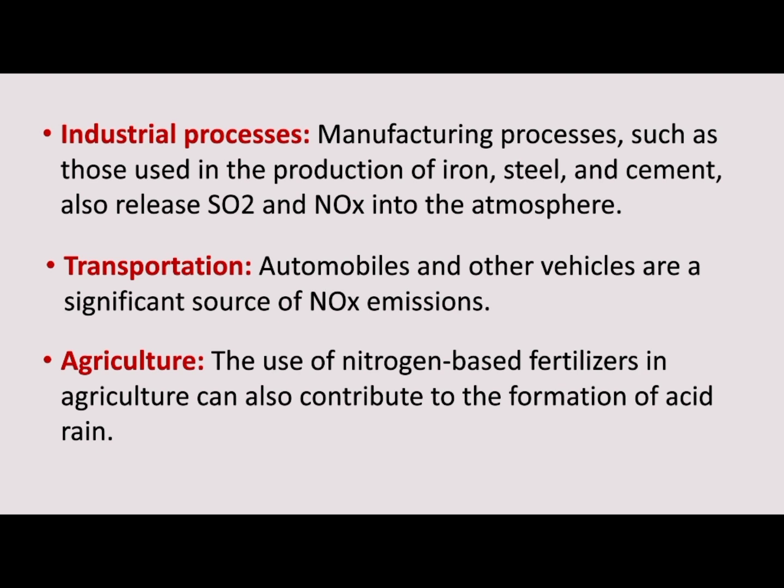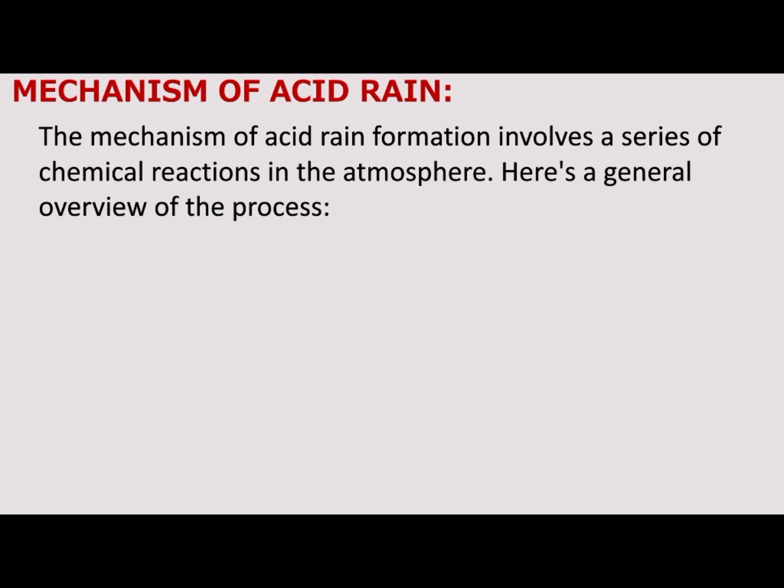So next we will discuss the mechanism of acid rain, how acid rain formation takes place. So this is the mechanism of acid rain. First of all, we will see stepwise how the formation of oxides, then further formation of acids, and then further acid rain takes place.